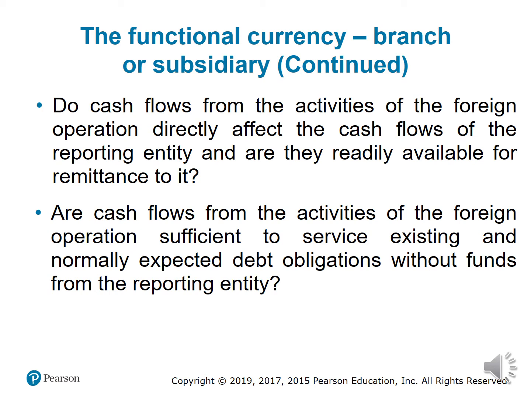But if the branch needs help or support from the parent company, if they are dependent on the parent company or reporting company, it could be the same. Otherwise, if it is enough, if the branch is independent with sufficient funds to discharge its own obligations, in that case it could be different.